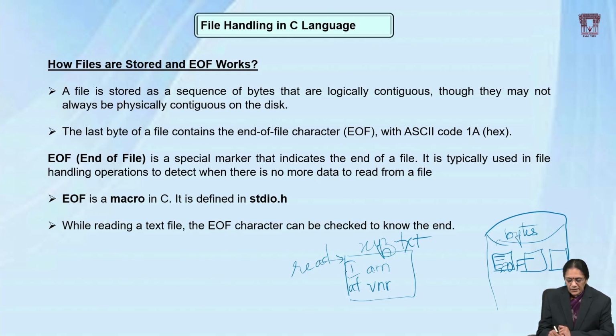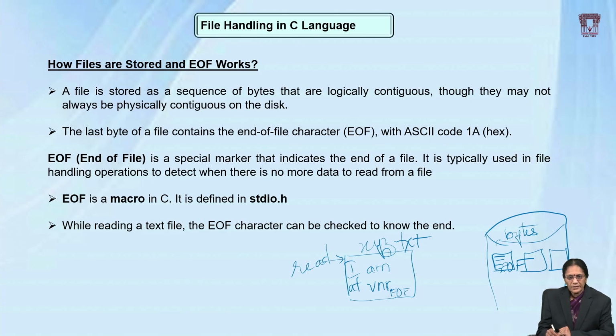Then we start reading the content from "I" and follow up to "am at VNR". After this, it should not retrieve further data. This is where the end of file mark is stored, which is invisible, hidden by the file, as the end of this file. So it will not be reading beyond this marker. That's about your end of file.